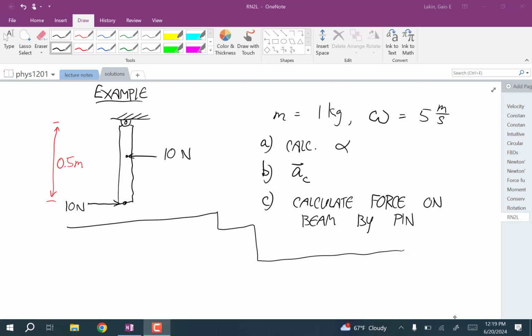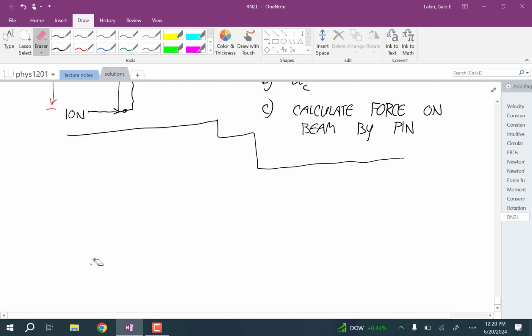And what we're going to see in this example is that those forces Rx and Ry that we put in all these problems produce 0 moment. They produce 0 moment because they're happening at the pin, but they still are forces. And we can still use Newton's second law to calculate what those forces are. Okay, so the first thing I'm going to do is calculate the moment of inertia.